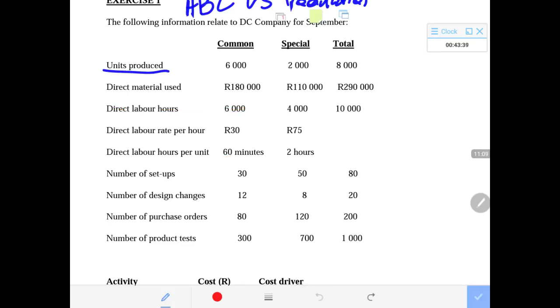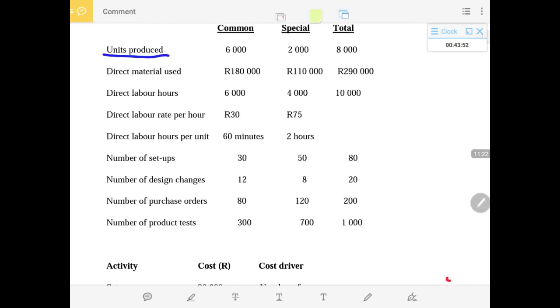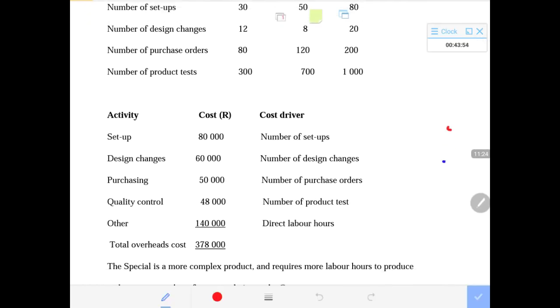But fortunately, all the information is given to us. We have the total labor hours and the labor hours per unit. So now we will just use the total, because that is what at the end we need in order for us to allocate the other overheads of 140,000, which is based on direct labor hours.